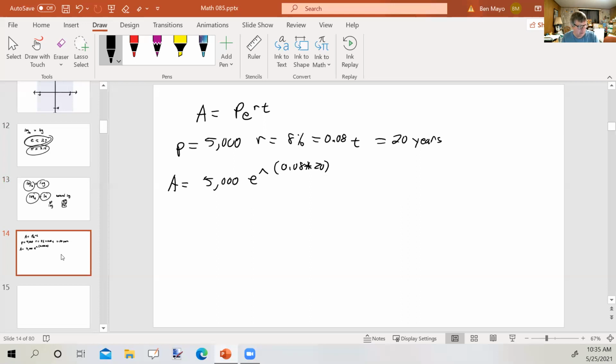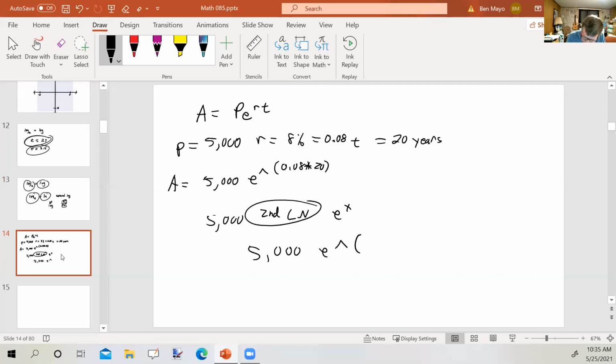Now, on your calculator, recall that there is the button that says e to the x, which is the second function of ln. So I'm going to type in 5,000, then the second function key and then push the ln button. By doing that, I will get e to the x. It shows up with a little caret and then parentheses.